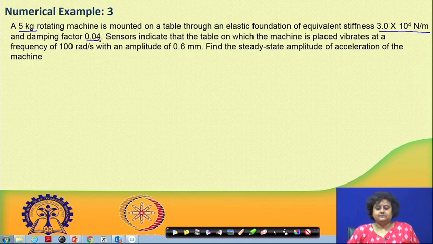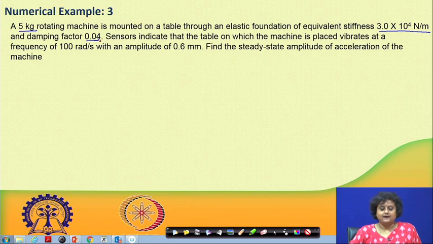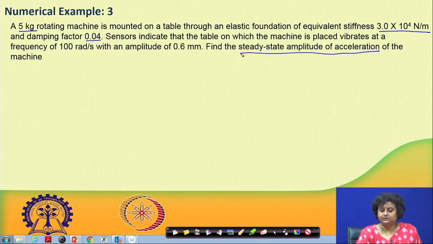The sensors indicate that the table on which the machine is placed vibrates at a frequency of 100 radian per second and an amplitude of 0.6 mm. So, we need to find out the steady state amplitude of acceleration, okay, not only displacement, but acceleration.